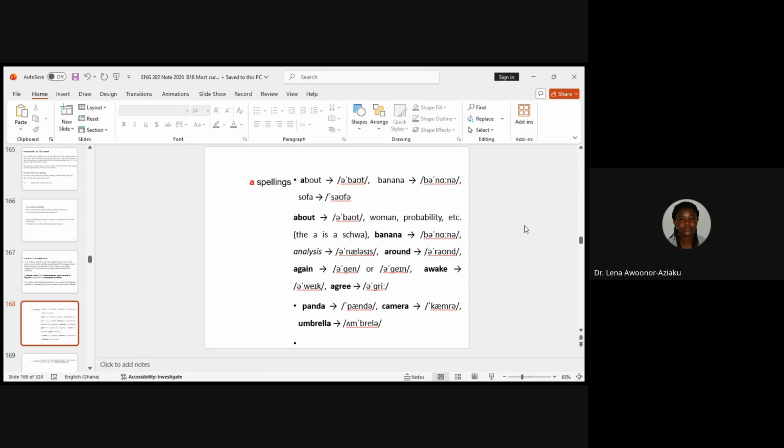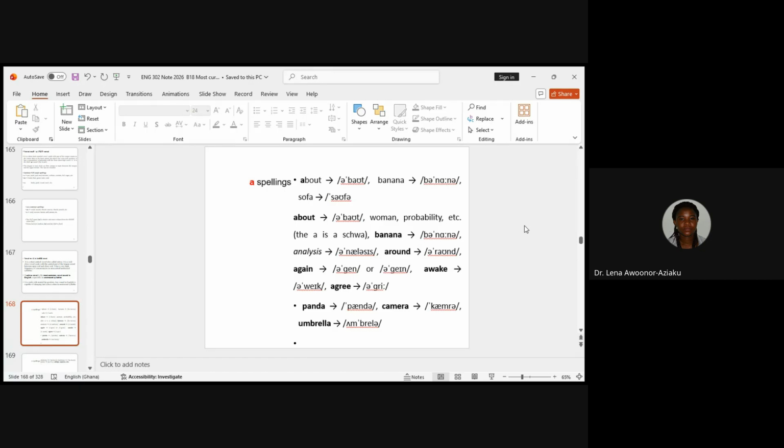Anytime, any moment, you see the letter A at the beginning of a word, it's a schwa. That's why you can see that all this about, around, account, awake, they are all schwa.